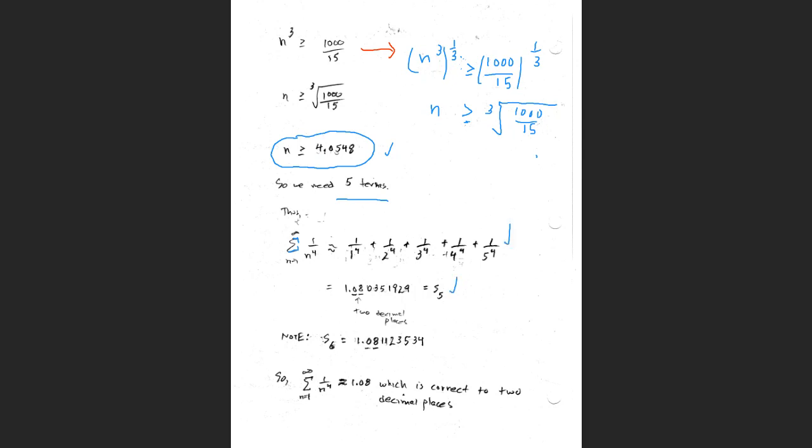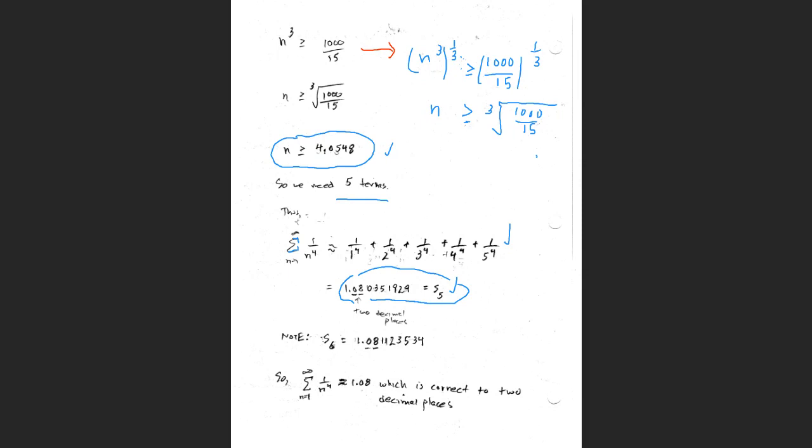And that's my 5th partial sum. The 5th partial sum is equal to 1.08035195. Is that correct to 2 decimal places?